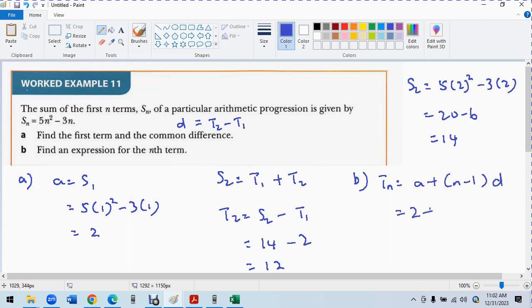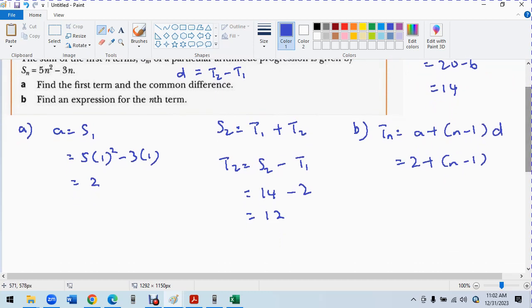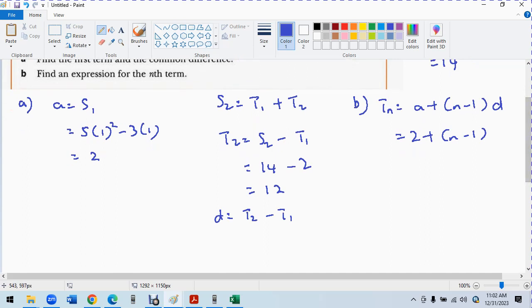So a is 2, and we just find d. d is t2 minus t1, that is 12 minus 2, that is 10. Then we have 2 plus 10n minus 10, that is 10n minus 8. So this is the first method.